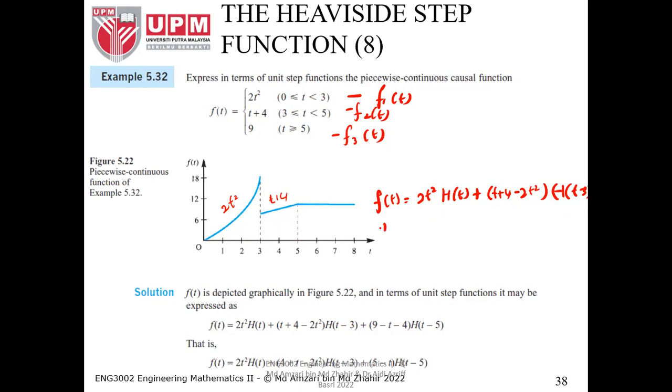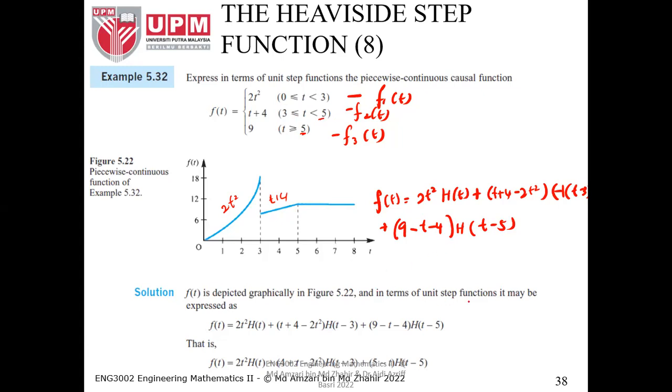Then plus the third function: put the function first, 9, minus the previous function, t plus 4, so minus t minus 4, times H of t minus 5, the limit of 5 here.